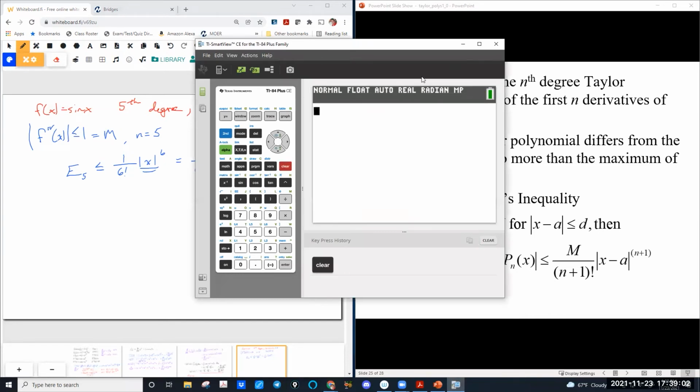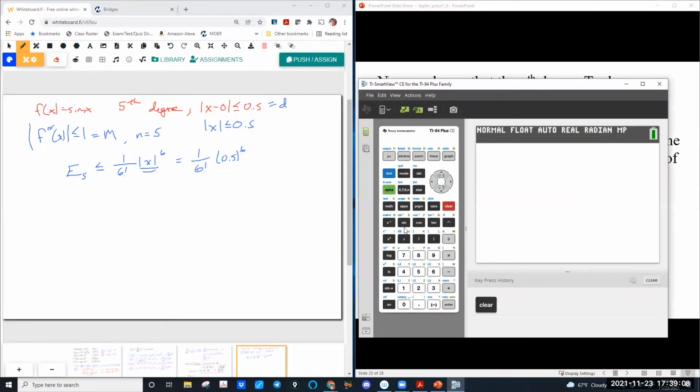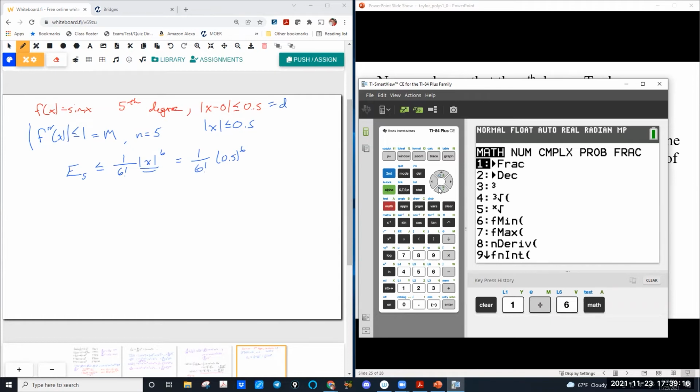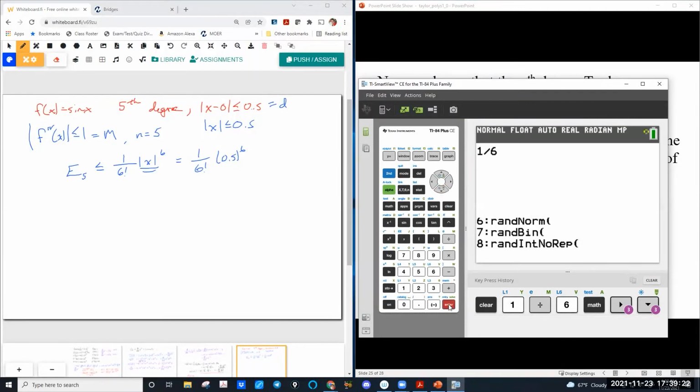If we want to, we might need the number, we might want to do a comparison. This is something we can do in the calculator. So if you're not sure where the factorial is, let's go through that now. You go under math, it's going to be under probability, and there's your exclamation point.